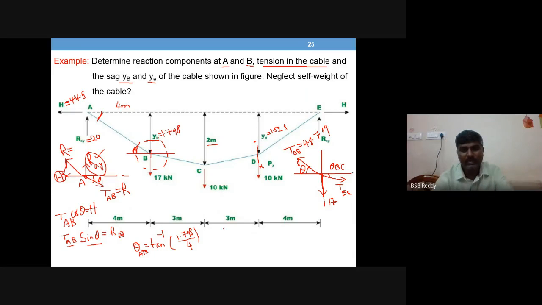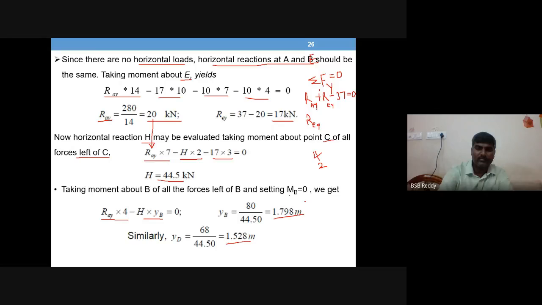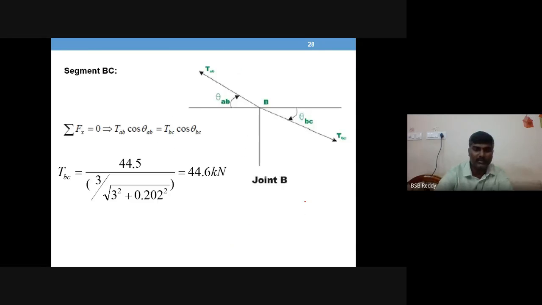First use sigma fy equals 0 so that you will get the TBC and theta BC value, so that one unknown can be found out. Taking that into consideration, you can see it here. Sigma fx equals 0 is written like this.